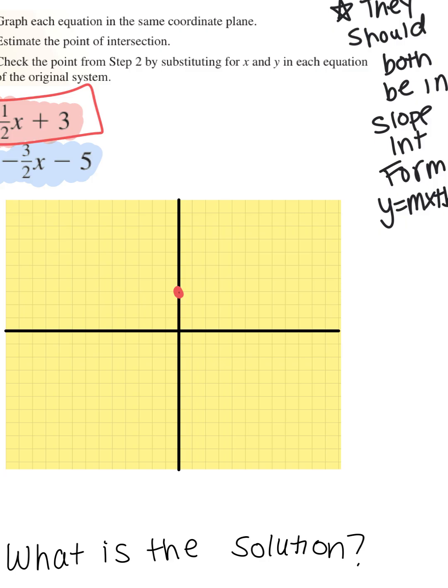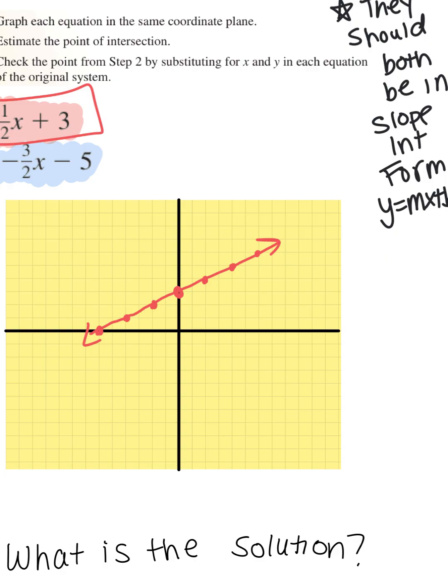So up 1 to the right 2. Up 1 and to the right 2 a few times. Do the opposite. Not just up 1 and to the right, but also down 1 and to the left 2. I need to do both because I need to have enough points to see where they cross. All right, that's the first line.